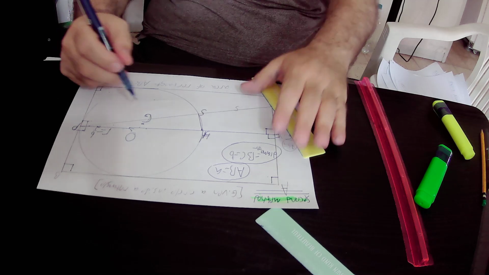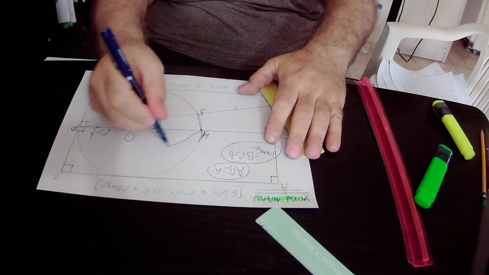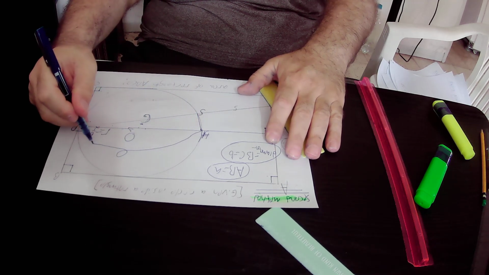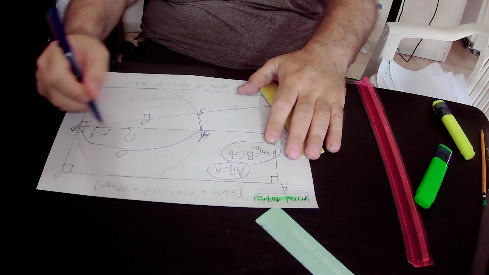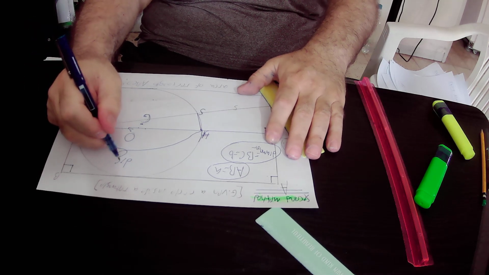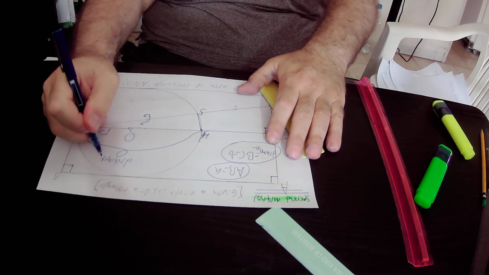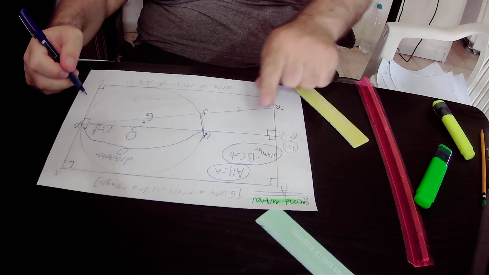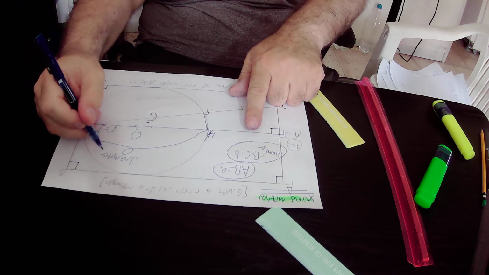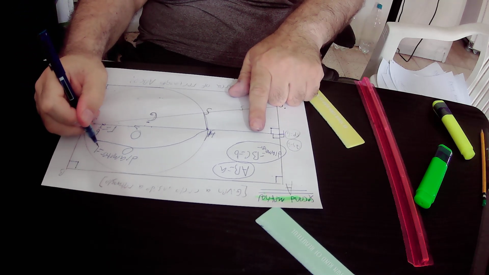Therefore, HP is the diameter of the circle, but we already found out the diameter of this circle equals B. So the diameter equals B.